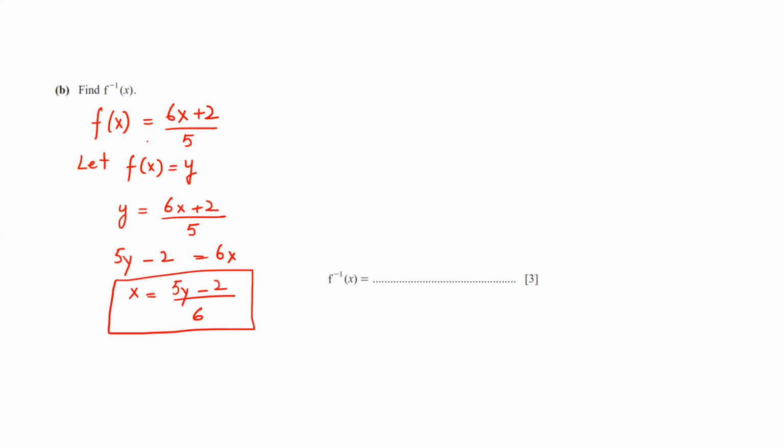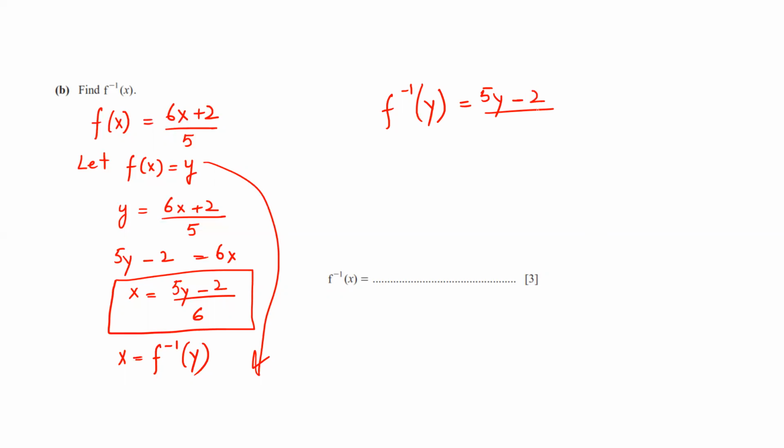From this assumption, I can say that x is equal to f inverse of y. So my f inverse of y is equal to (5y minus 2) over 6.